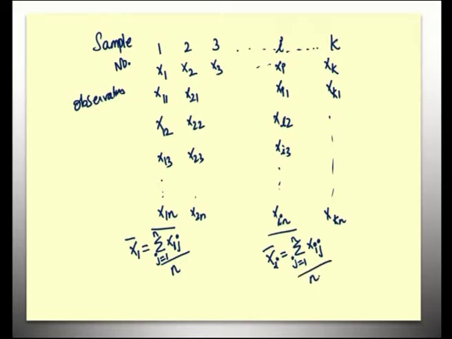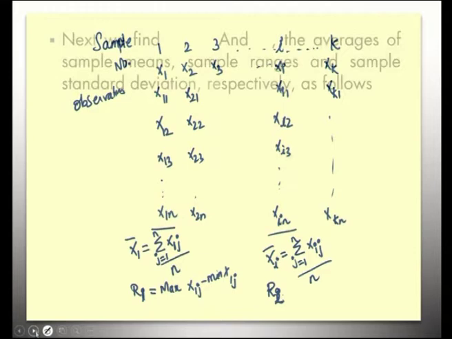Like that we have calculated xi bar, and then similarly the range Ri is calculated. R1 is maximum of x1j minus minimum of x1j. Similarly, Ri will be maximum of xij minus minimum of xij. Likewise, the standard deviation is also calculated.